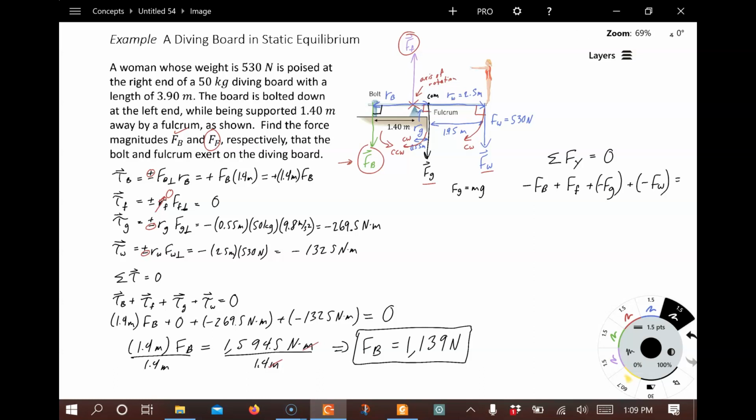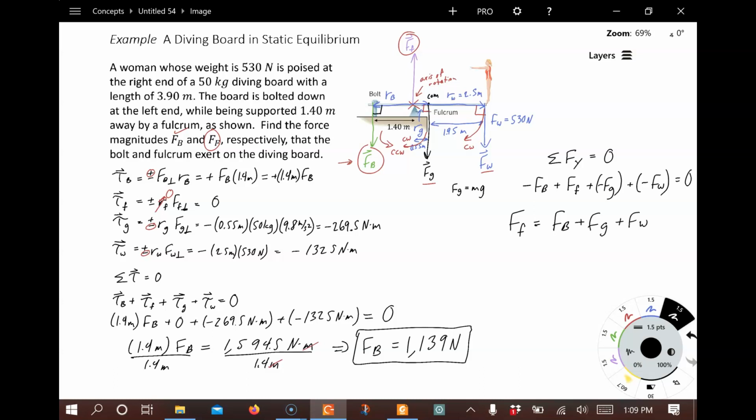Add them all up, they must balance, and you get 0. So let's do a little algebra and solve for the fulcrum. The force of the fulcrum, in that case, I'm going to have to add FB to that side, add FG to that side, and add FW.